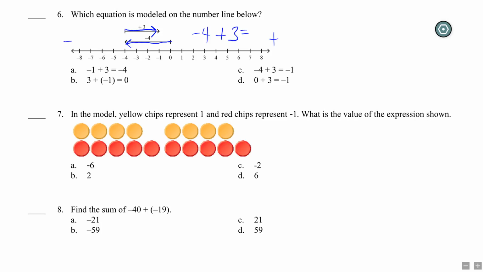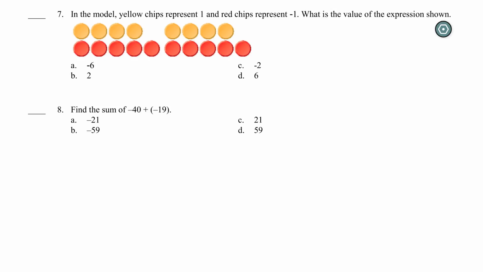And then my answer, we know, would be 4 ninjas and then 3 pirates. My ninjas will win by 1. My answer would be -1. But if I drop down my arrow, I see again -1. So then I look here at my answer choices, and the only one that matches is choice C. -4 plus 3 equals -1.